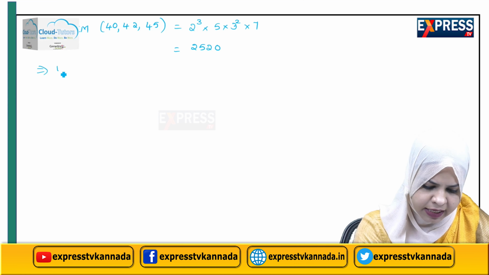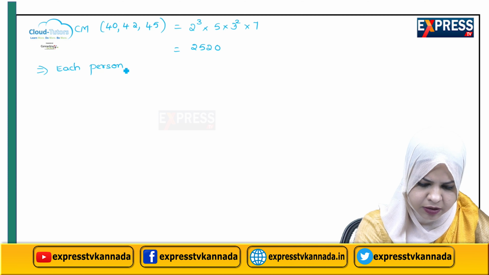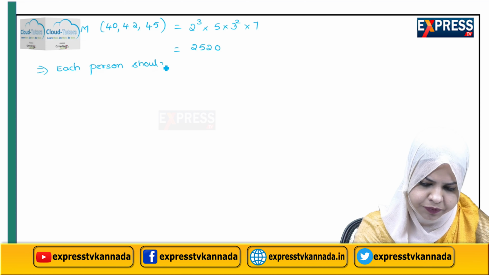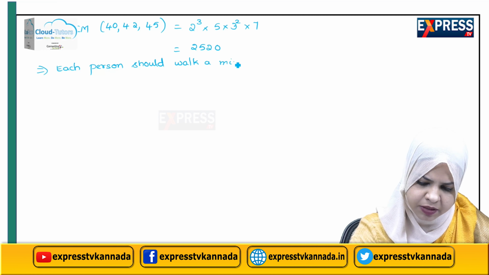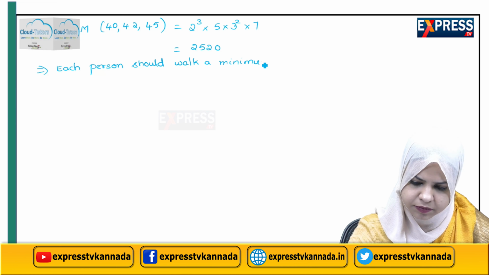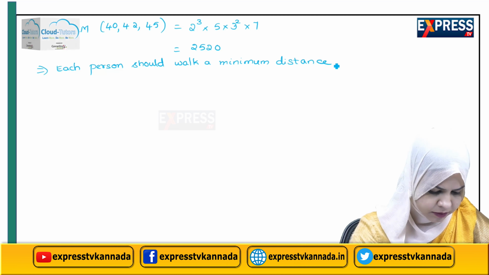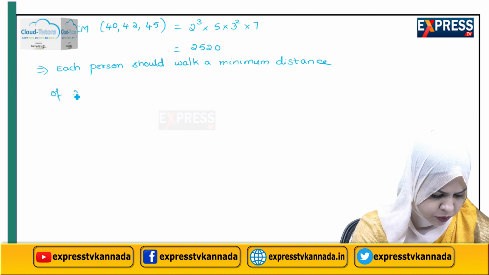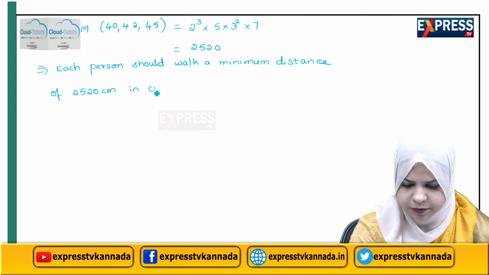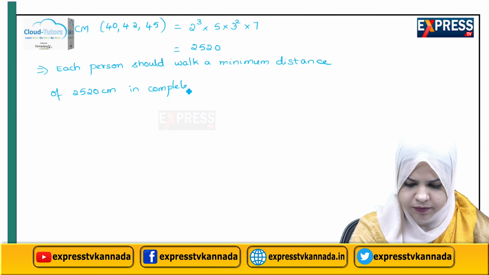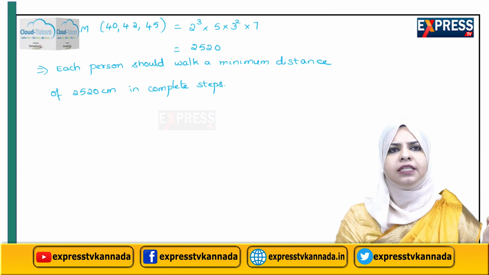So that means that each person should walk a minimum distance of 2520 centimeters in complete steps. Now let's see the next question.